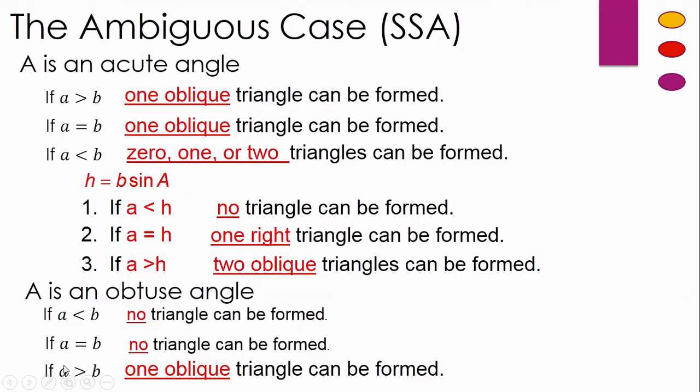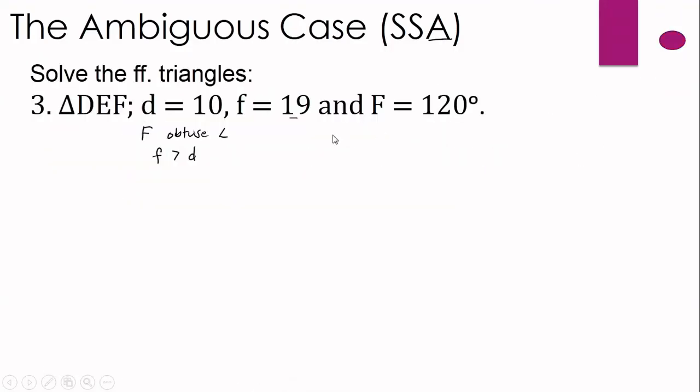Ibig sabihin, there is one oblique triangle. So, isang triangle lang ang ating isosolve.